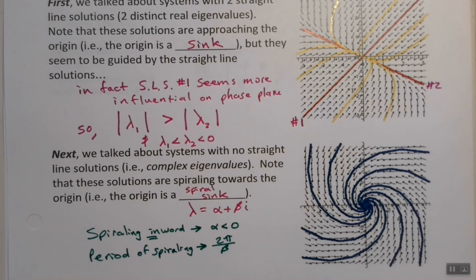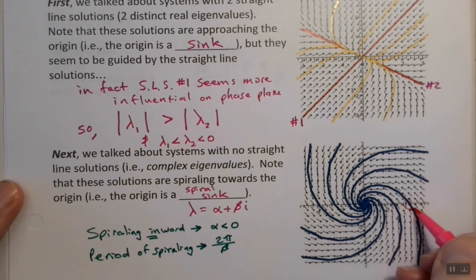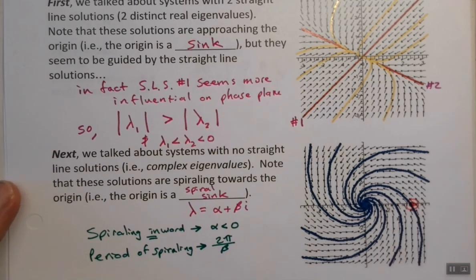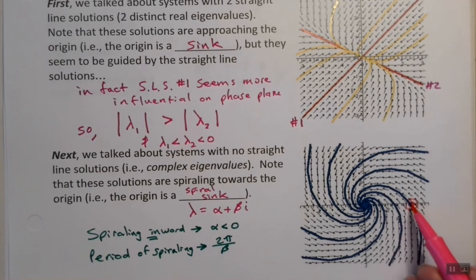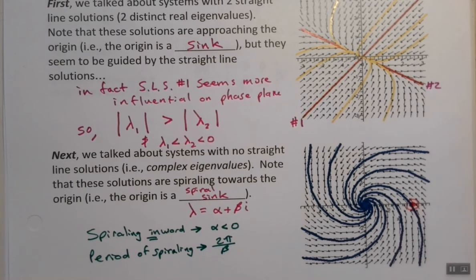What's also interesting is I can go one step further and take a look at an initial condition. If I take an initial condition like this one right there, what's happening instantly at the moment that I start on the curve to my x of t and my y of t?